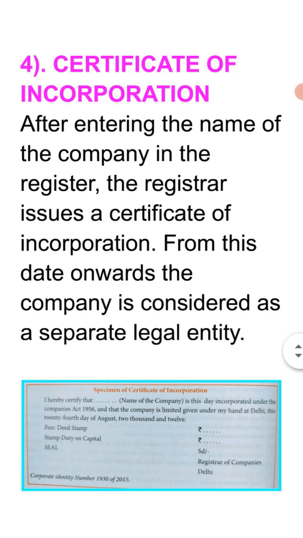Now you can see over here a specimen of a certificate of incorporation, in which a lot of stuff is there: the name of the company, rupees, the registrar of the company, place, and the date, etc.